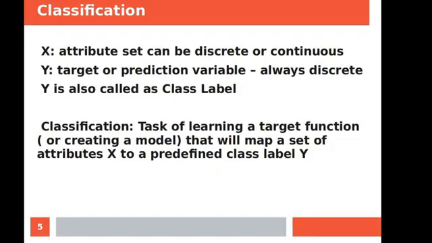Now, X is an attribute set, and it can have attributes which can be discrete or continuous, but your prediction variable Y should always be discrete, and you call this Y the class label. So if I want to define it, classification is the task of learning a target function, or creating a model, that will map a set X of attributes to a predefined class label Y.